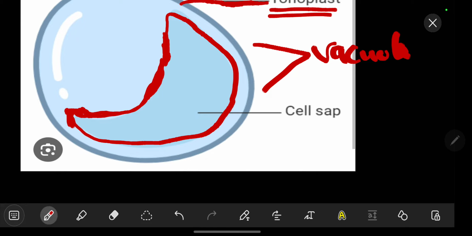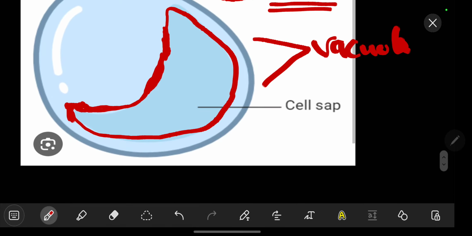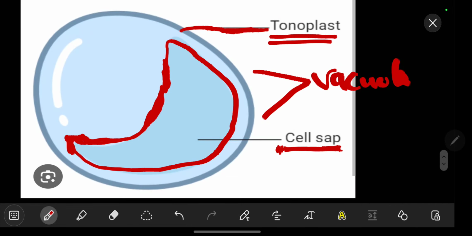The cell sap, as we know, is a mixture of sugars and salts. So our number one function of the vacuole is to store salts. These salts are responsible for maintaining the turgidity of the cell. When we look at that, we are just looking at how much water is within the cell.